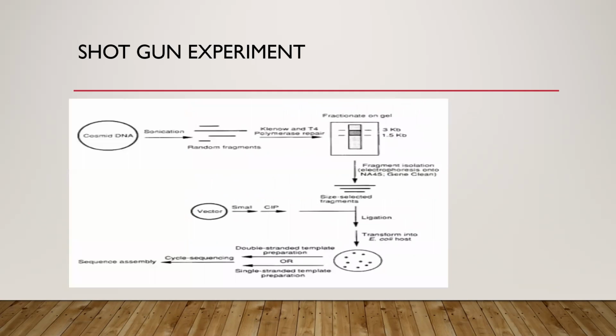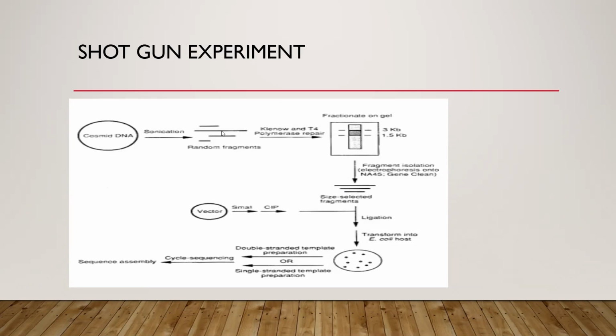When the power supply is switched on, as the DNA is negatively charged, DNA fragments move through the gel towards the positive electrode. After the migration process is completed, you observe the DNA fragments, the 3 kilo base pair and 1.5 kilo base pair size selected fragments. Okay, these are selected DNA fragments.